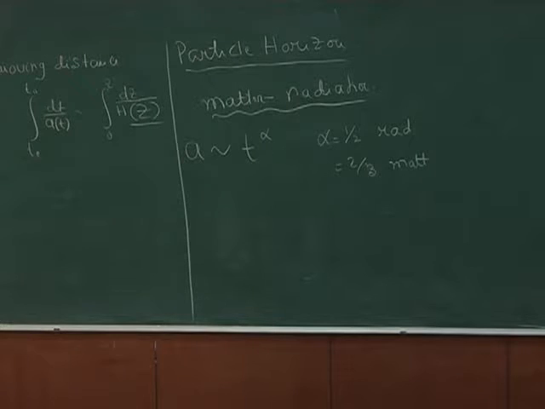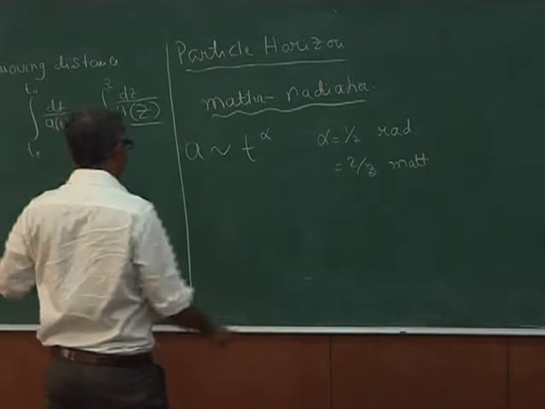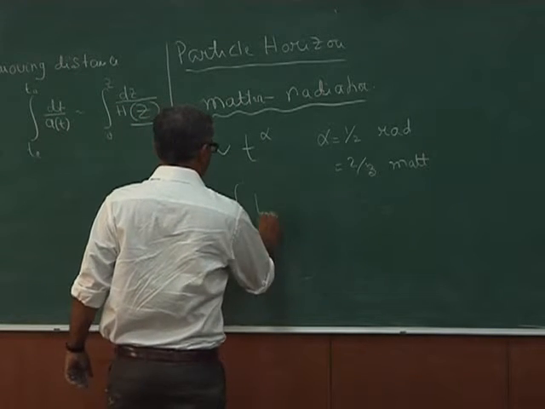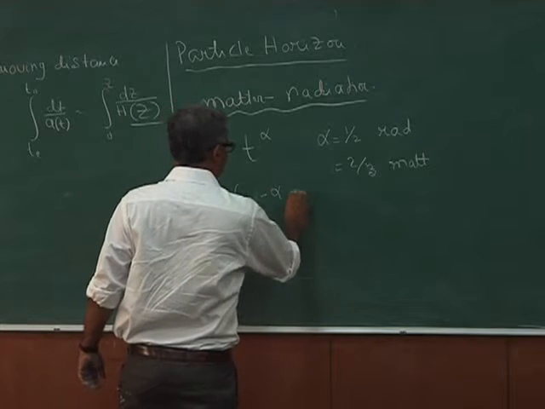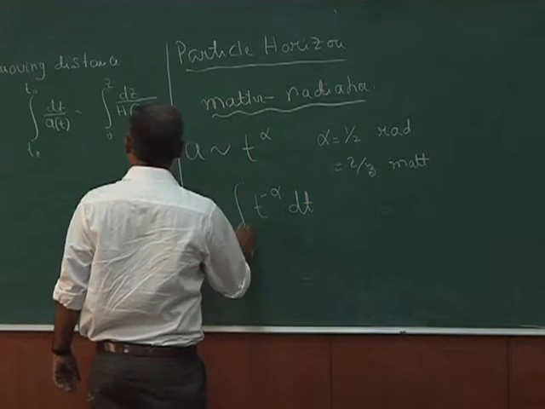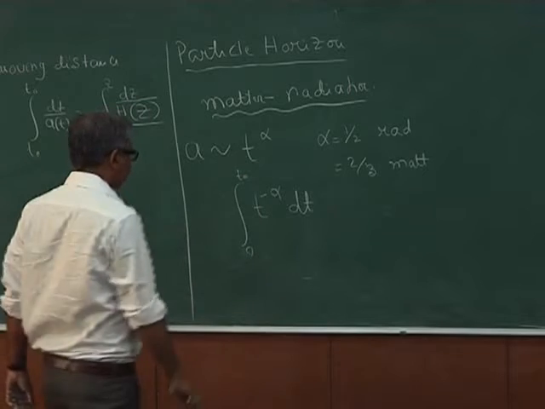So if I do the calculation, if I just put it over here, so you have t to the power minus alpha dt from 0 to some t naught.